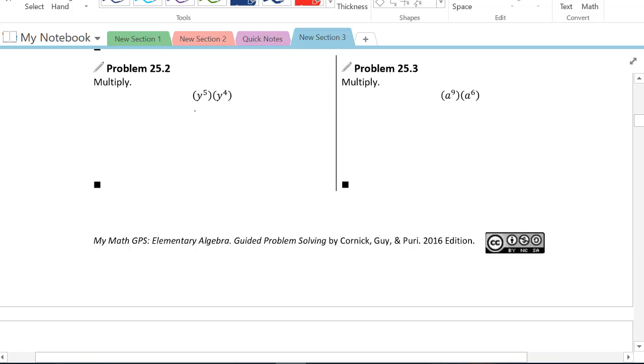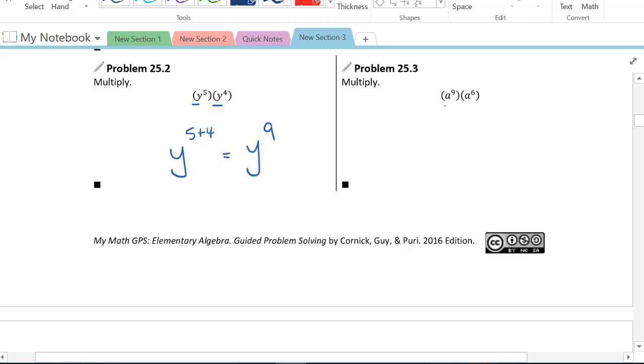So for example, for this one, we have y to the 5th times y to the 4th, right? Make sure they have the same base. Do they have the same base? Yes, they do, right? This has a base of y, and this one has a base of y. So we can add their powers. So that becomes y to the 5 plus 4, which is equal to y to the 9. Okay? So again, the rule is if they have the same base and they're multiplying, we add their exponents.